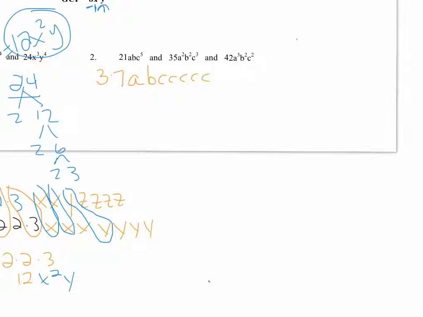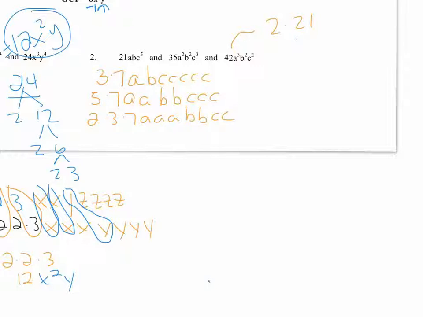For 35, that's 5 times 7. 2 A's, 2 B's, and 3 C's. 42 is 2 times 21, which is 2 times 3 times 7, 3 A's, 2 B's, and 2 C's.